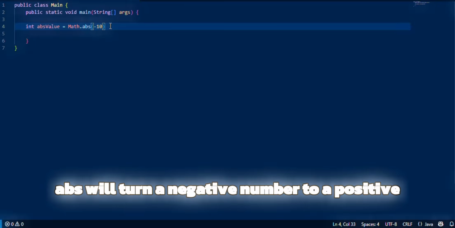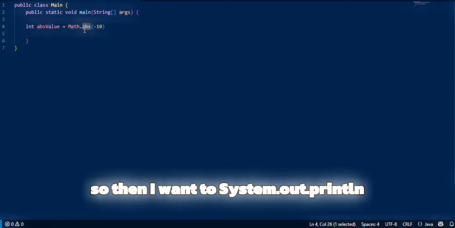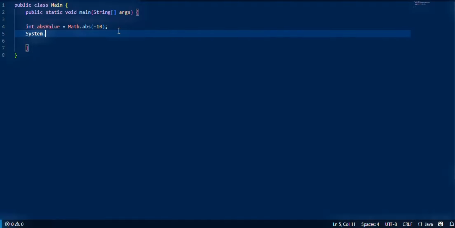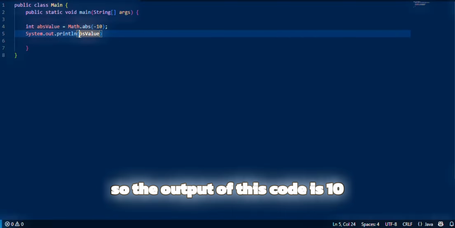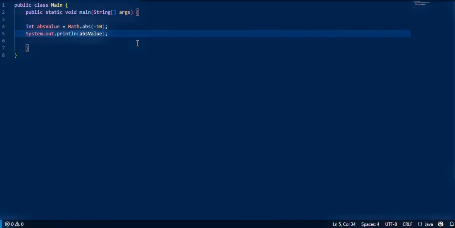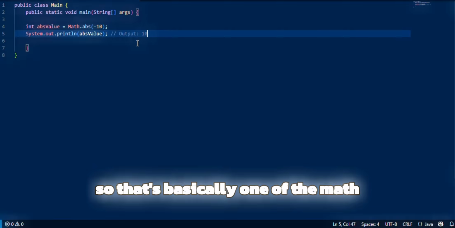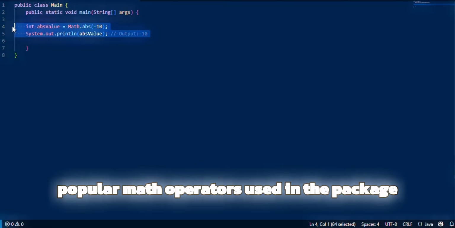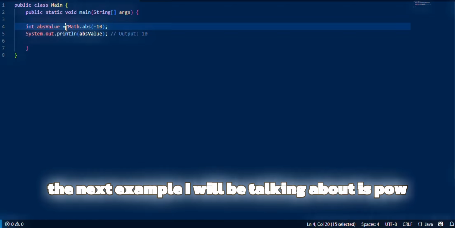This Math.abs will turn a negative number into a positive. Then I want to do System.out.println of absValue. The output of this code is 10. That's one of the popular Math operators used in the package.